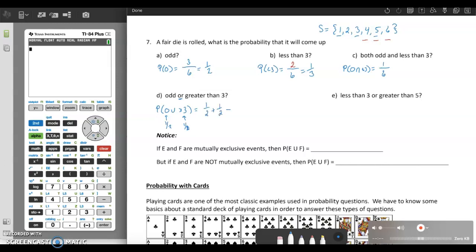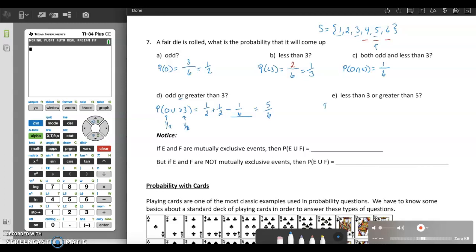So I can add these up, but I have to subtract off the intersection. So where are the numbers that are both odd and greater than 3? That's this 5. So there's one way that I could do both, and that has been double counted so far. It was counted in the odd, and it was also counted in the greater than 3. So we have to subtract that off. So 1/2 plus 1/2 gives us 1, but then we subtract a 6th off of that, and we get 5/6. So make sure you don't double count.